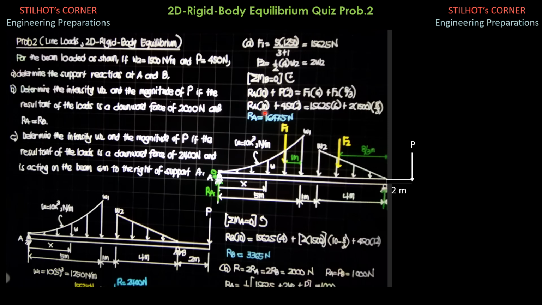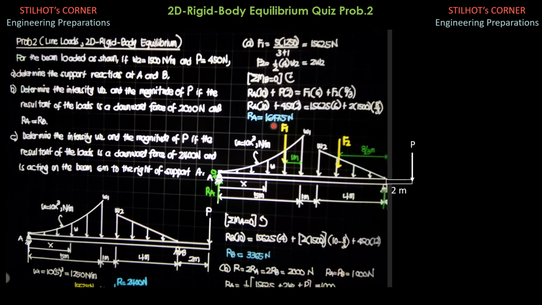So RA times 10 plus 450 times 2 equals F1 1562.5 times 6, then plus F2, which is 2 times W2, 1,500, times moment arm 8/3. So solving for RA, it is 1,647.5 newtons.